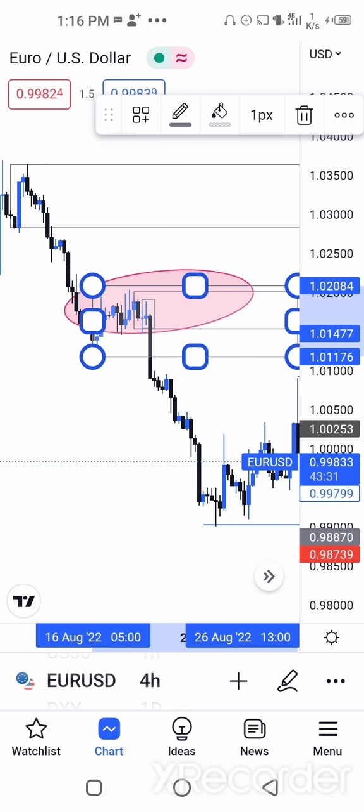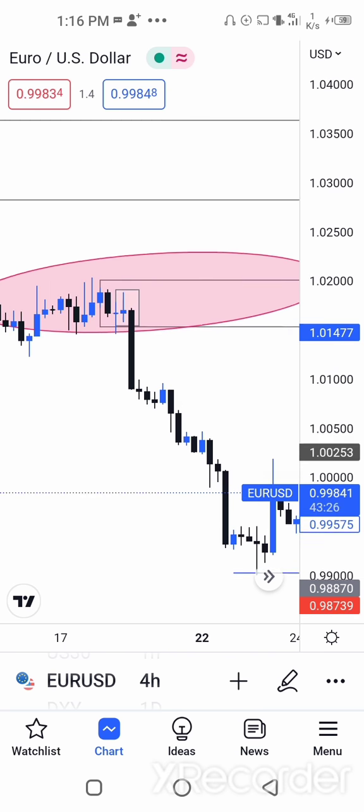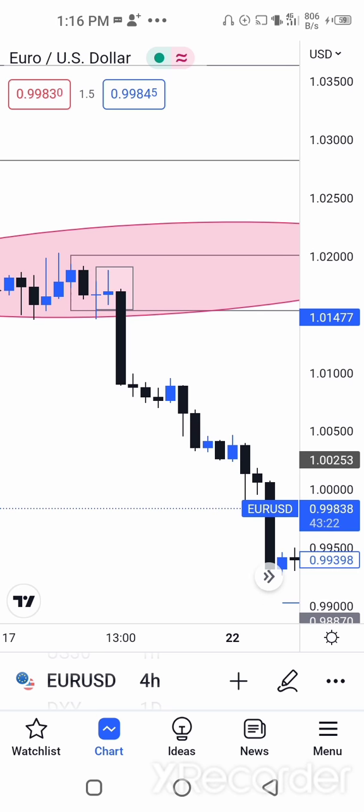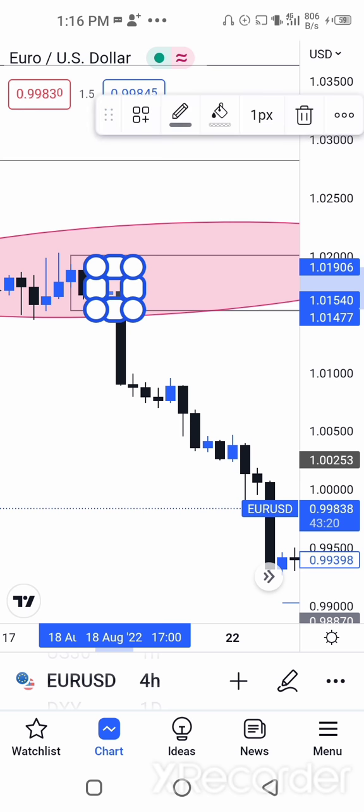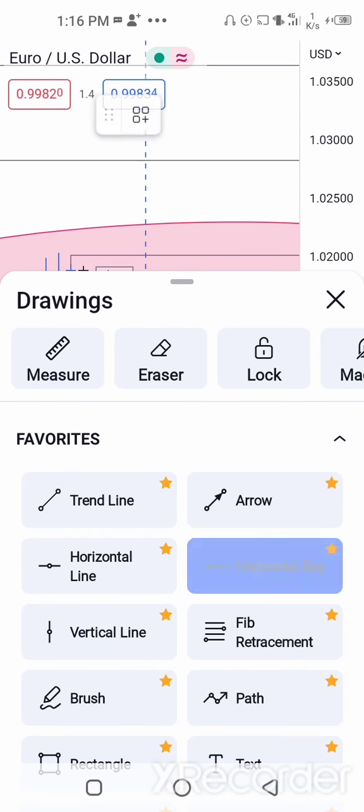Then the other block, you go inside to get your last bullish candle, which is this that I marked out here in this box. The last bullish candle before the bearish candle. Marking it out, let's give it a horizontal line.